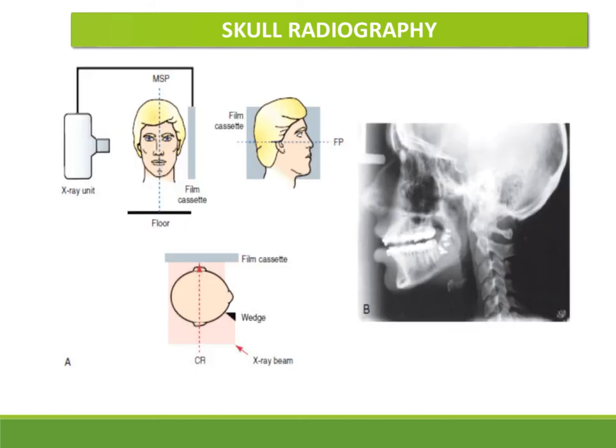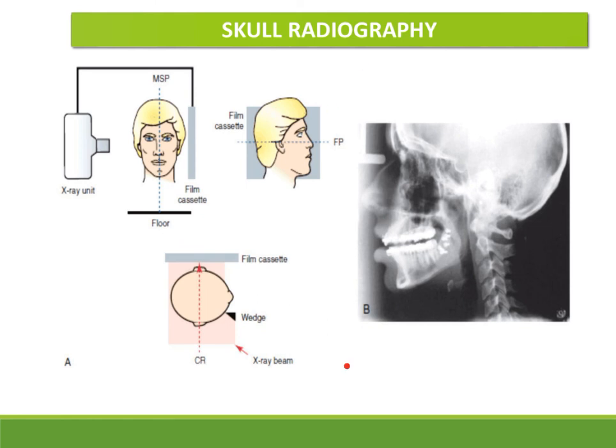So here, the mid-sagittal plane is parallel to the image receptor. That means the image receptor is on the lateral side of the face, so that's how the name lateral radiography. Here the central beam will go from the external auditory meatus, that means the ear of one side, to the other side.